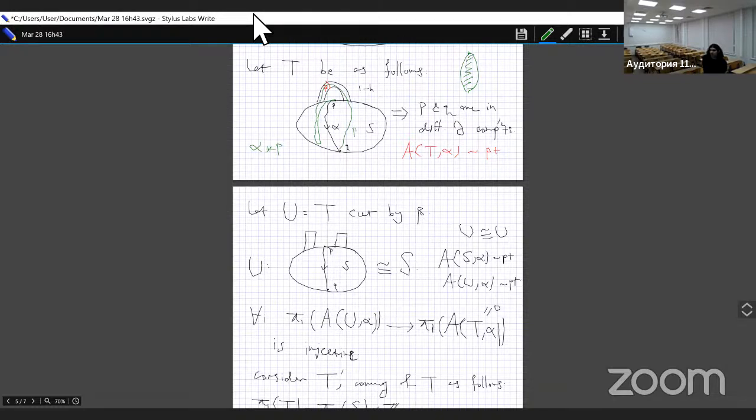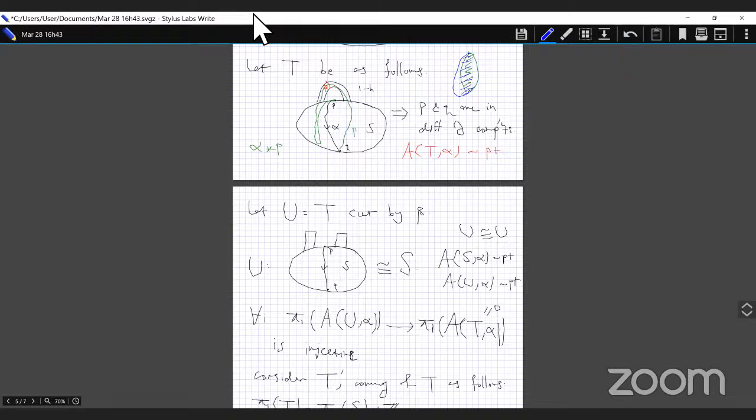And suppose I have another homotopy between the same two paths, which is, well, it's hard to draw. Let's say we have another homotopy. So I don't understand what we're worrying about and why we care.